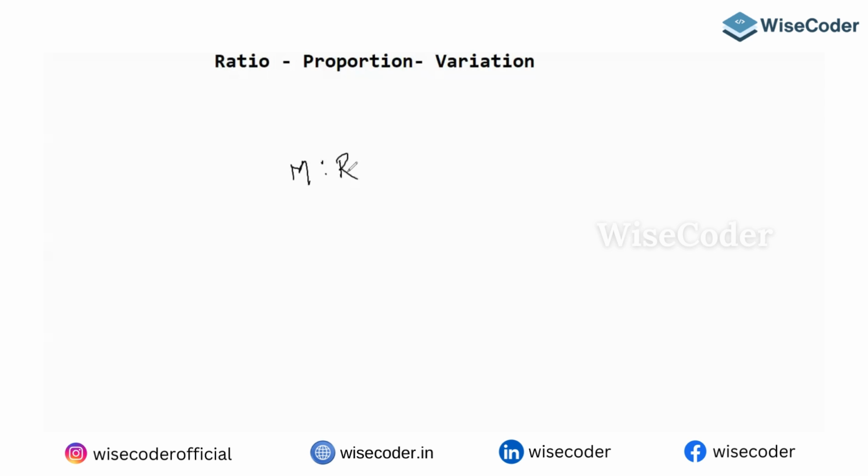If their total score is 66, find Mohan's score.